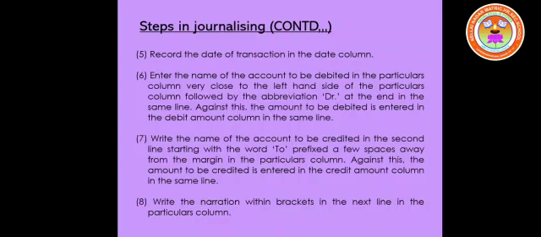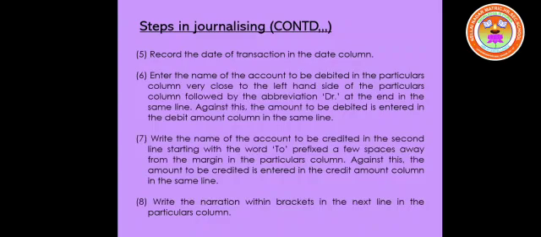Then write the name of the account to be credited in the second line with the starting word TO, capital T O. That word should be prefixed after leaving a small space from the line. Against this, the amount for this account should be written under credit amount column.